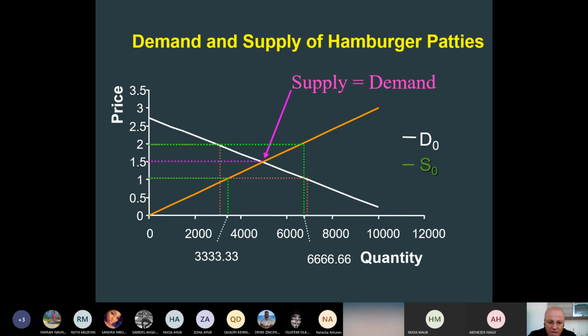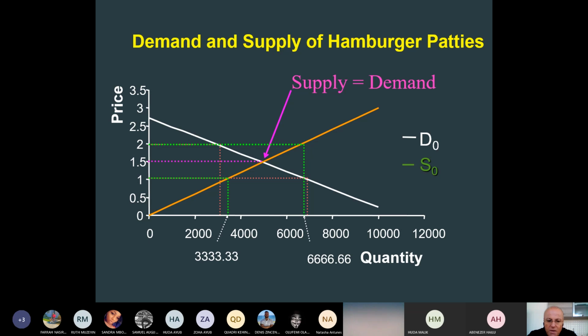6,666.66 is the desired amount the consumers are going to buy. But as you see here, there are 3,333.33 units of hamburger produced in the market.